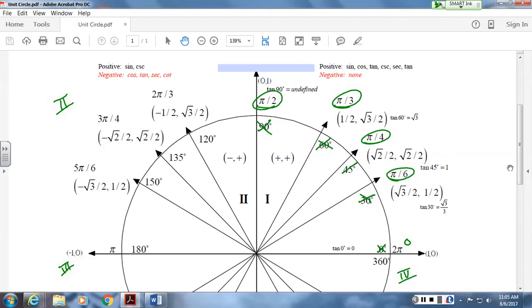And then I want to point out that there is a pattern. It's a little hard to see because of the way this is laid out.